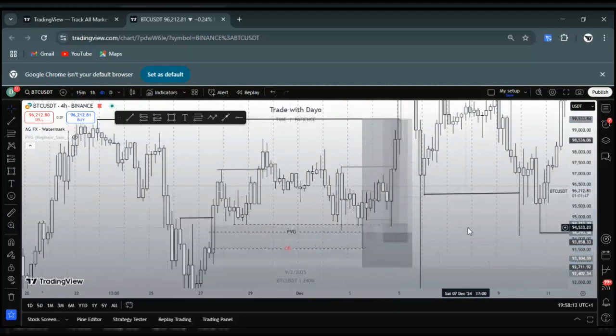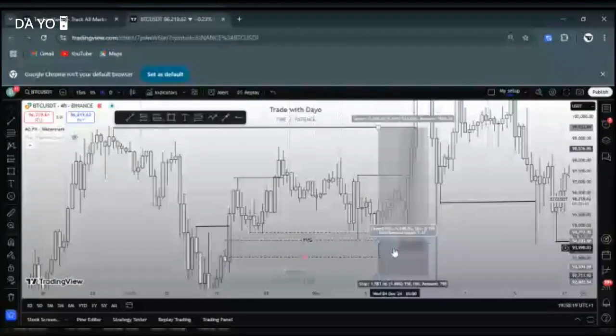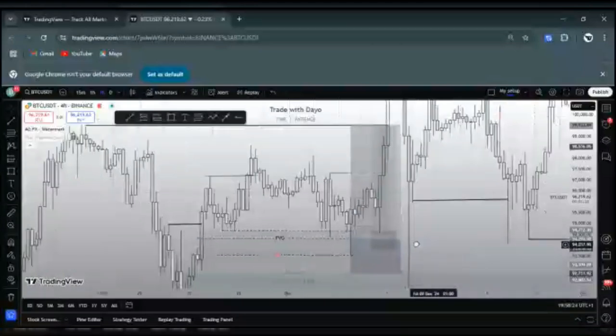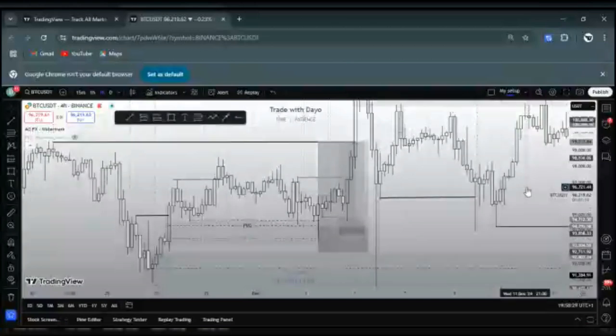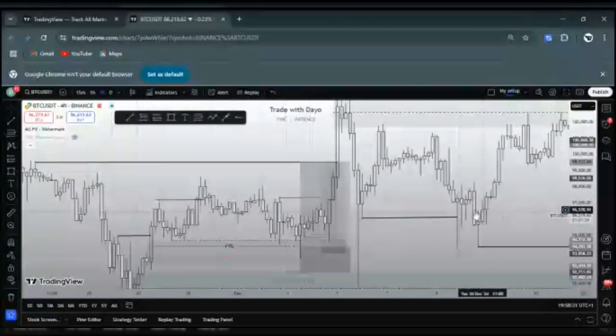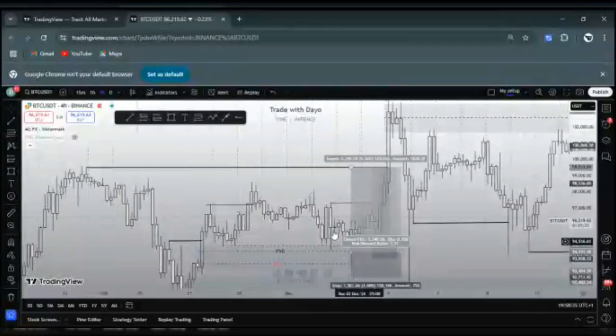You've risked 1, and you've gotten 3. I'm going to be talking about risk to reward when we reach risk management. But let's just know how to enter and exit trades using valid zones.